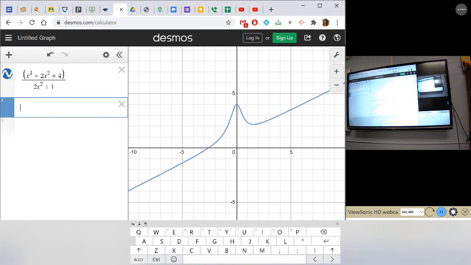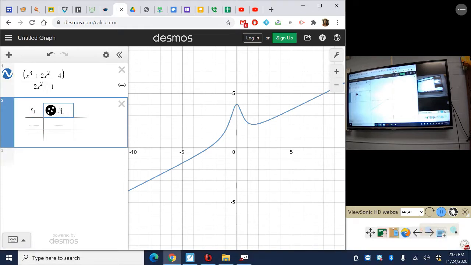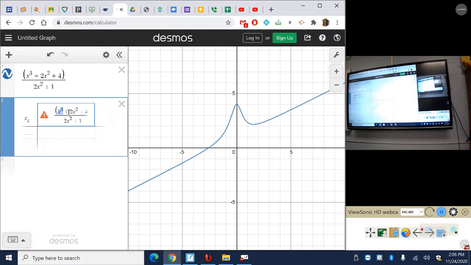So I'm going to hit the plus sign with the table, and I'm going to copy this right up here. I'm going to copy, and I'm going to paste. In every place I see an x, I'm going to put a 1 beside that, because I need to match this over here.